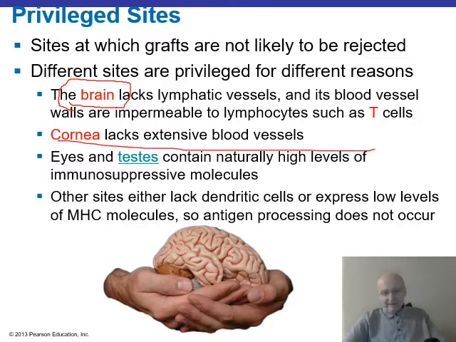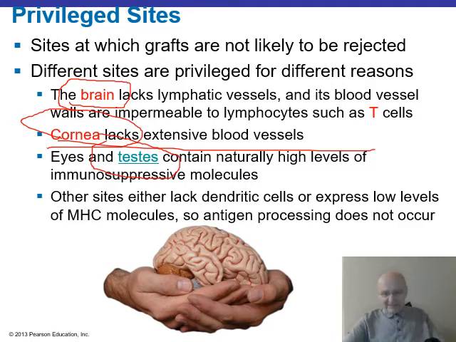Cornea, the cytotoxic T cells can't get to it, so you can certainly have corpse corneas implanted, put onto your eye. It's not going to hurt anything. It's interesting that the testes are a privileged site. In other words, your immune system doesn't bother your testes very much.